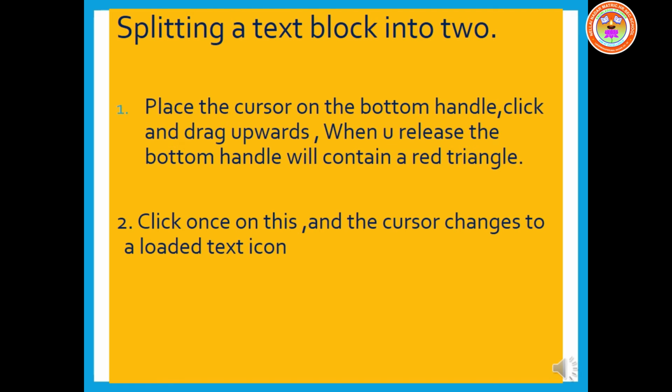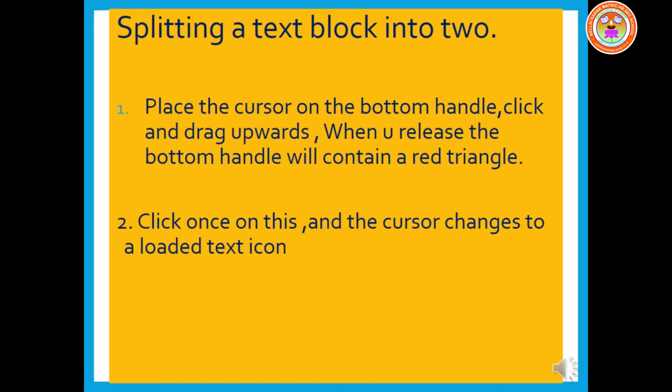The bottom handle, you have to click and drag upwards. After that, when you release the bottom handle, it will contain a red triangle. Click once on this, and the cursor changes to a loaded text icon. That means it is split and the cursor has changed into the loaded text icon.